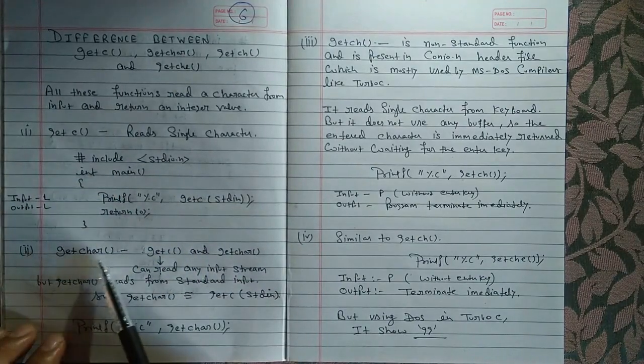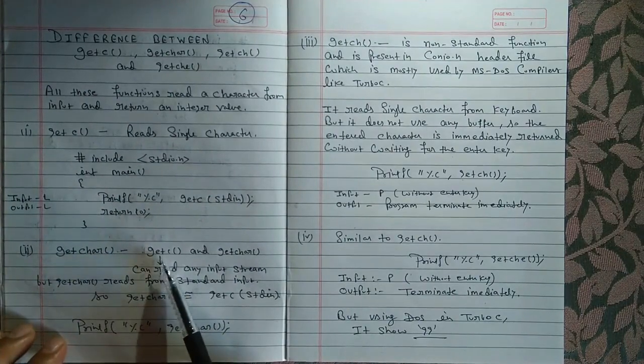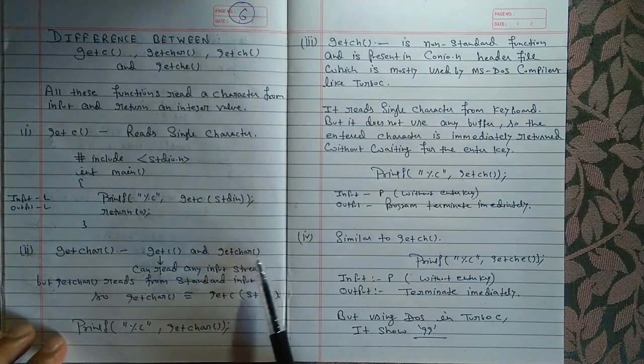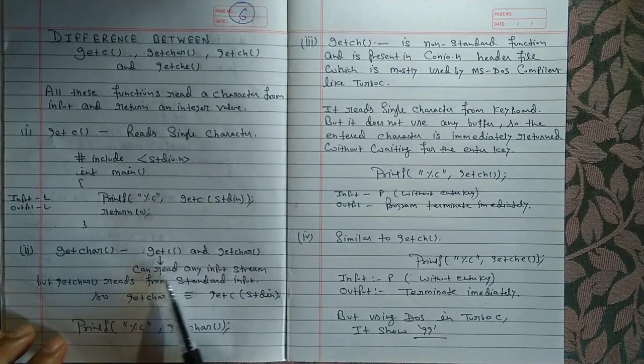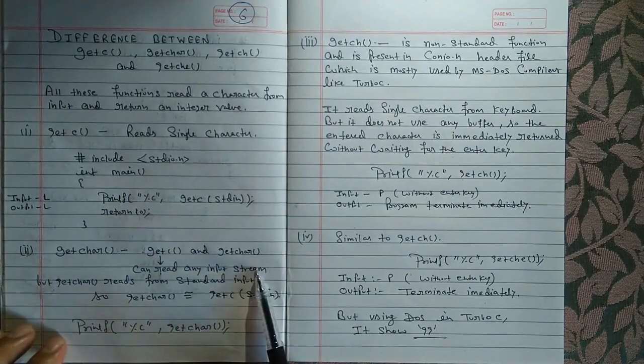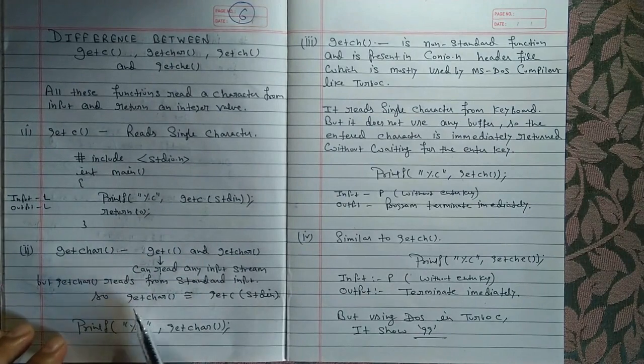Now the next one is getchar. getc can read from any input stream, but getchar reads from standard input. So you can think of getchar as equivalent to getc(stdin). Both are the same.